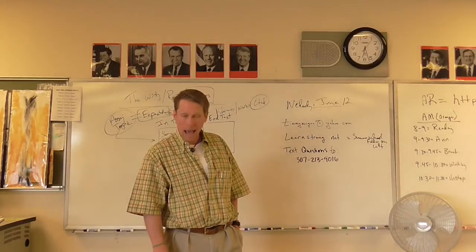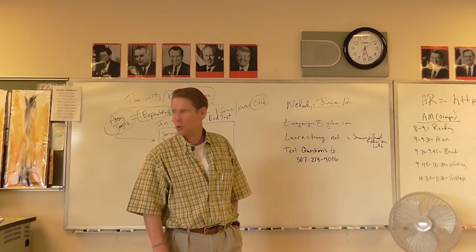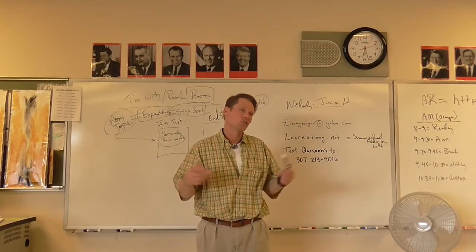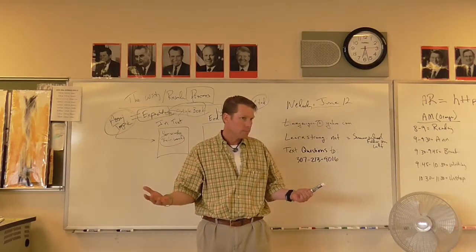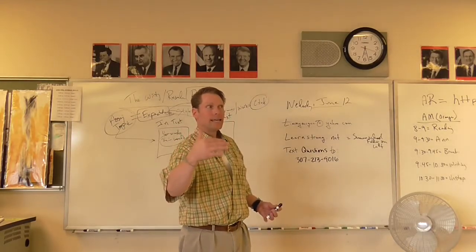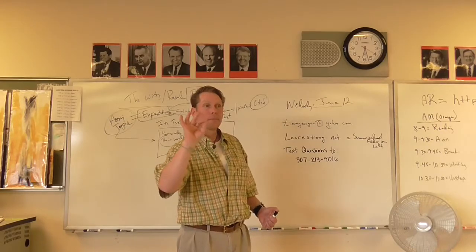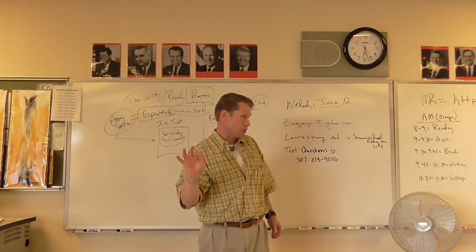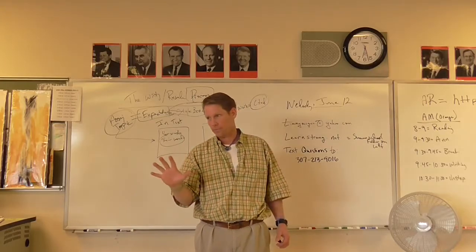Well, that word attribution comes from our word attribute. To attribute means to provide the source. Okay? The proper attribution is necessary, or the paper immediately is assumed to be plagiarized in some or all.